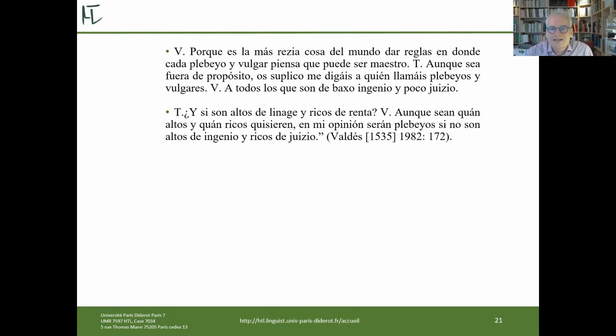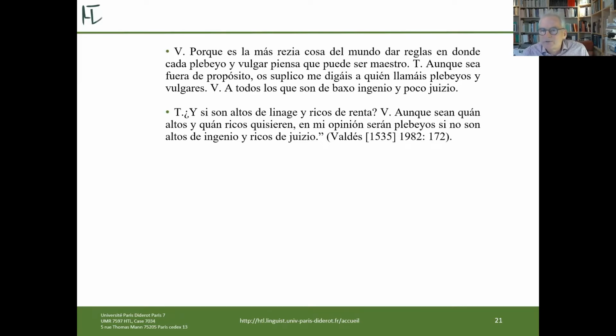Porque es la más recia cosa del mundo dar reglas, en donde cada plebeyo y vulgar piensa que puede ser maestro. So the words plebeyo and vulgar are used, and this can often be translated as vulgar or something, but sometimes it's just the common speech. It is not always negative, but it is the way the people talk, and we call this a recia cosa del mundo.